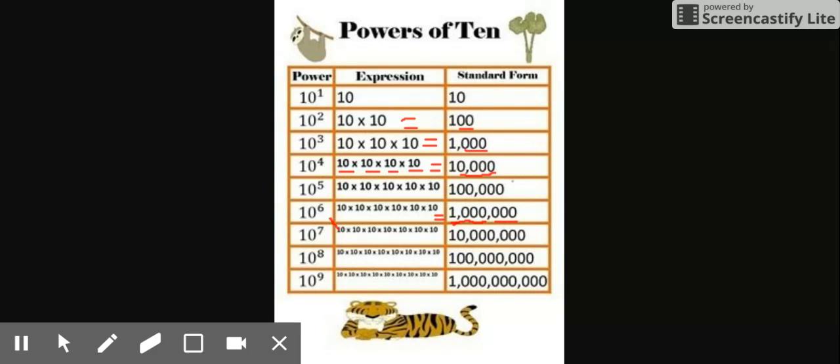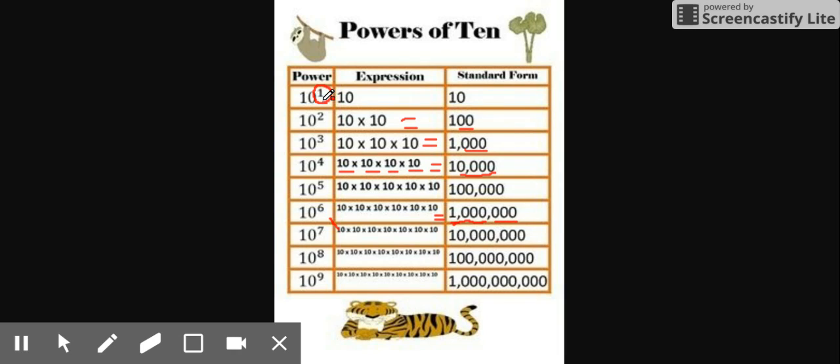Okay, so we're going to review quickly and then I'm going to show you some other problems and then you're going to do some for homework. So again, when we're doing powers of 10, you pay attention to what the exponent is, and remember the exponent is going to be the small number in the top right hand corner after the 10.